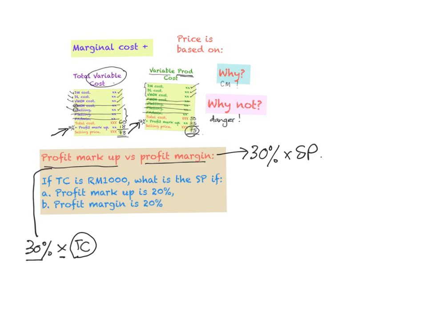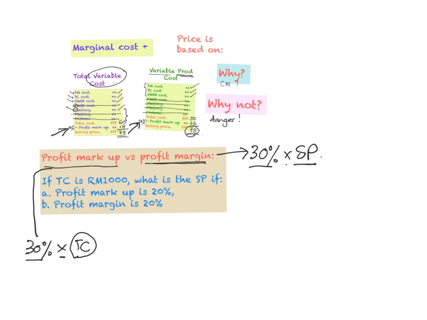But when we say profit margin, the 30% rate will be based on the selling price. That will make a very significant difference to your answer. So please be very careful when you read the question. Does it say profit markup or profit margin?